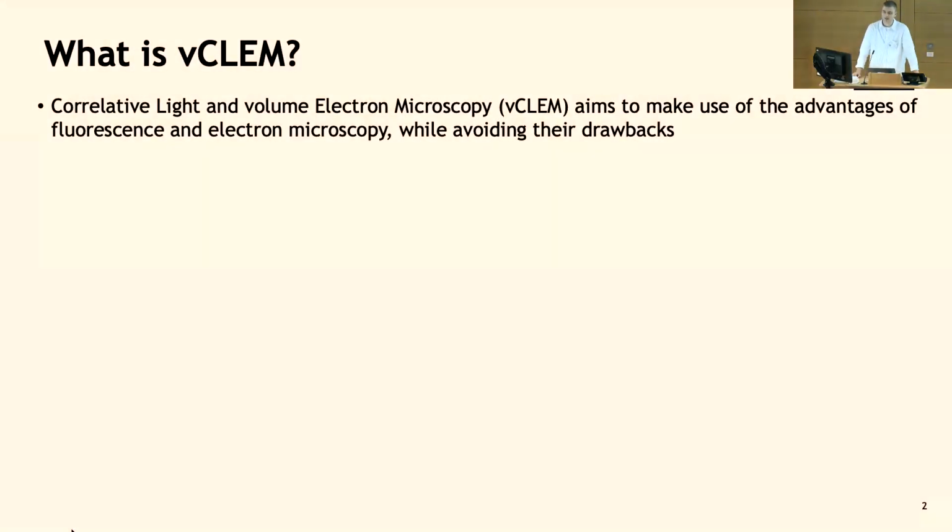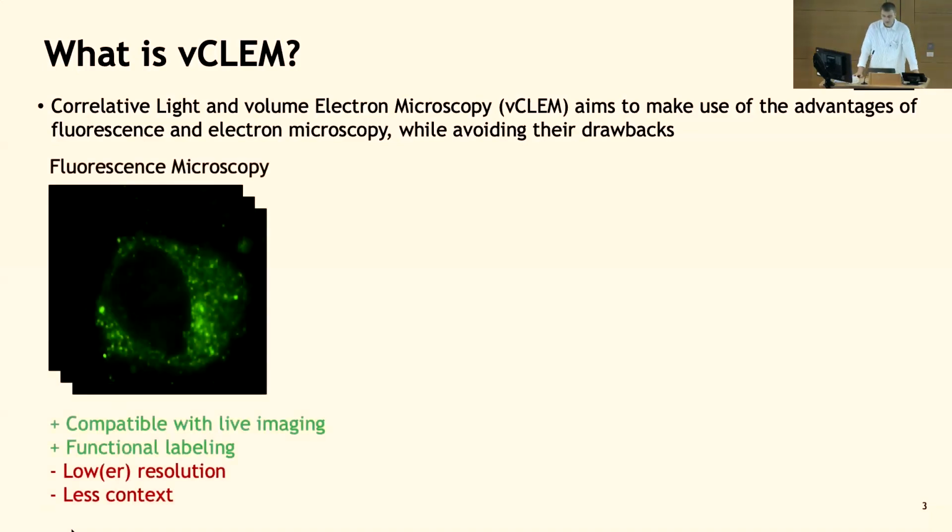So let's start by trying to answer the question, what is VCLEM? Correlative light and volume electron microscopy aims to make use of the advantages of both modalities whilst avoiding their drawbacks. So fluorescence microscopy is a light microscopy imaging technique which creates contrast by tagging macromolecules in living cells with fluorescent markers.